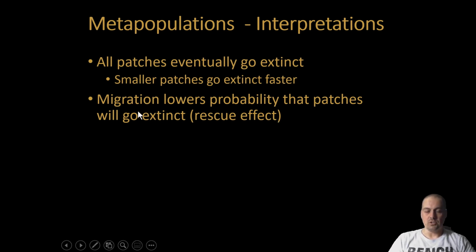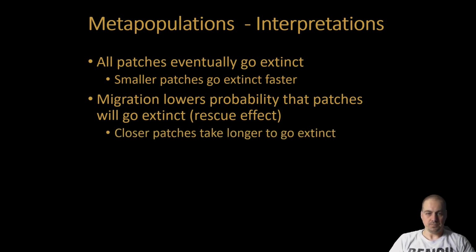Due to migration, you're getting an influx of individuals to a patch, so it prevents the population from dying out. Closer patches are going to take longer to go extinct, because closer patches are going to have a higher migration rate. It's just easier to go from one patch to another if it's closer.